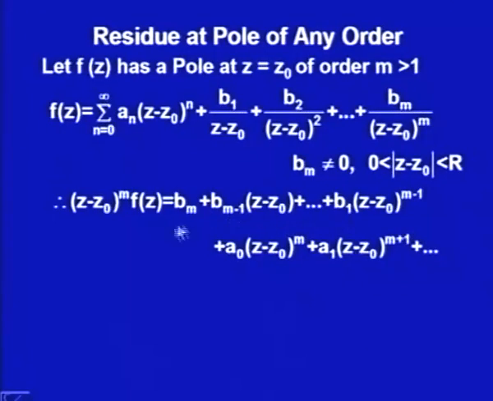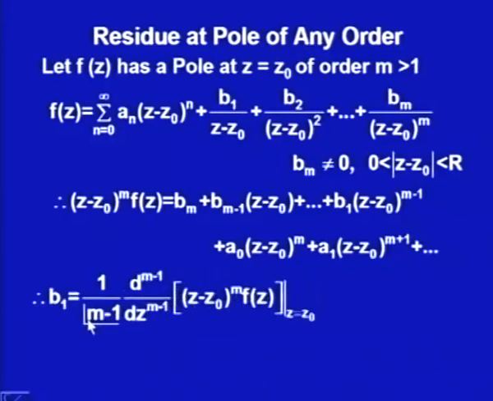That says my residue of this function f at z equal to z naught, where z naught is a pole of order m, is actually the coefficient of (z minus z naught) to the power m minus 1 in the Taylor series expansion of (z minus z naught) to the power m times f(z), that new function g(z).